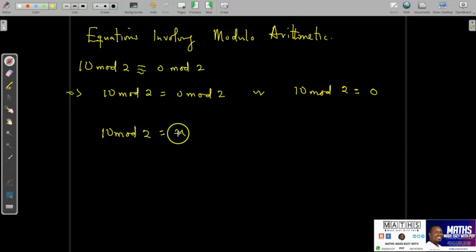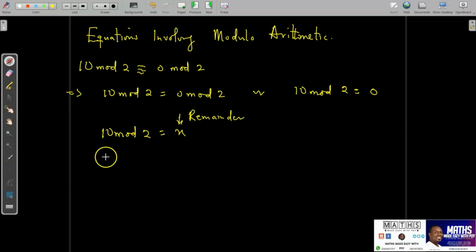In 10 mod 2, it assumes the remainder. Very good. So in equations involving modular arithmetic, you may be asked to find the remainder.